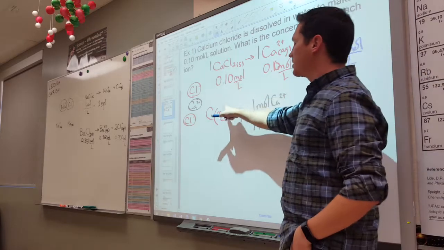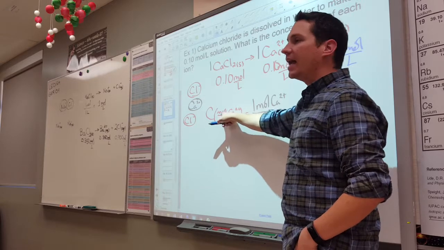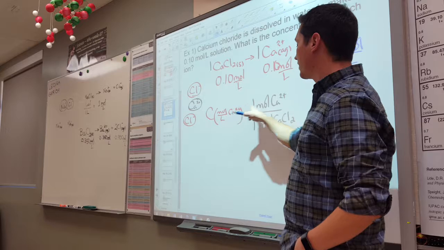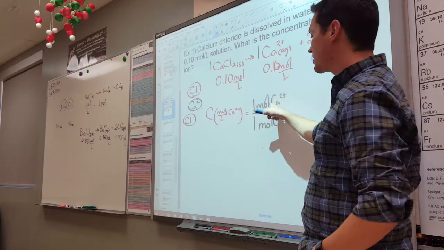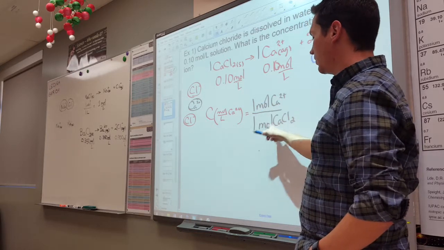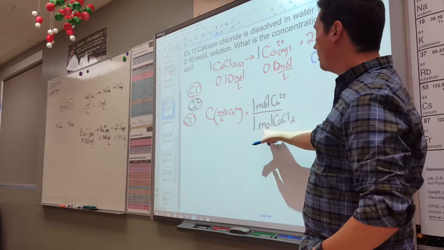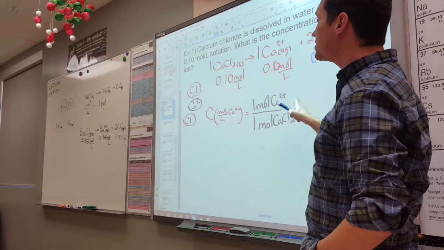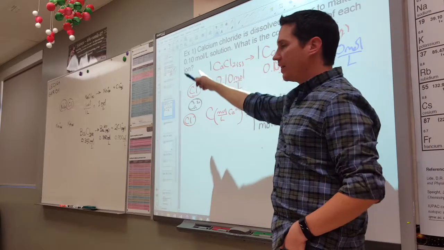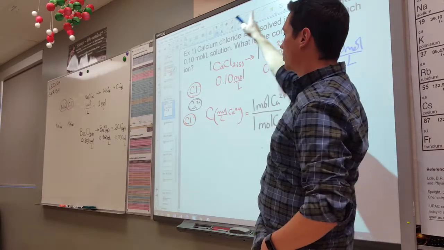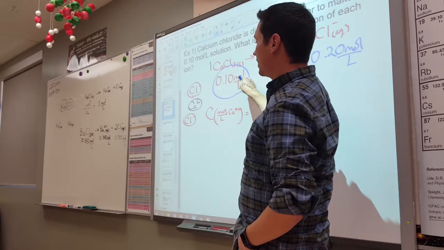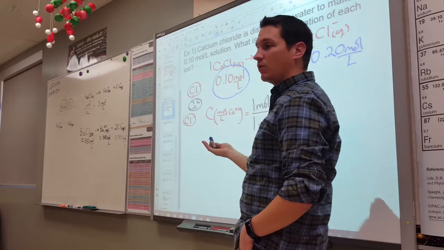What do we want on top at the end to finish off with? Moles of calcium, right? So we have moles of calcium. What do we want to cancel out here? Moles of calcium chloride. Do you see anything in here that has moles of calcium chloride? This thing belongs to the calcium chloride.